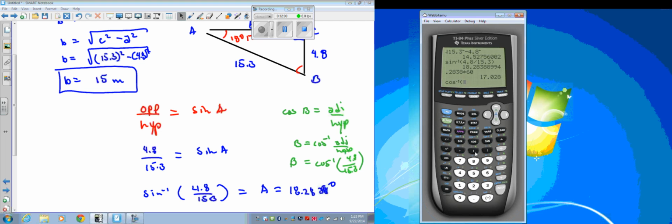And that's 4.8 divided by 15.3, and now that's 71.7161 degrees.